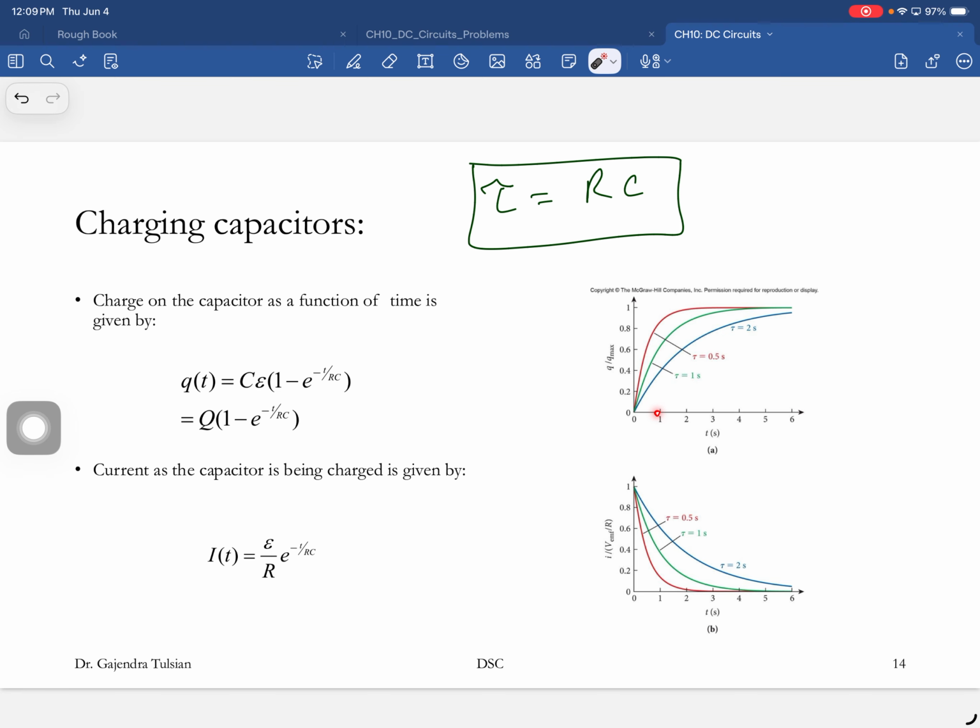Okay? After one time constant, it's roughly 65% of its value. And as the capacitor is charging, the current in the circuit is falling down. Okay? And the current falls down exponentially with the same time constant. The current is just a time derivative of that.